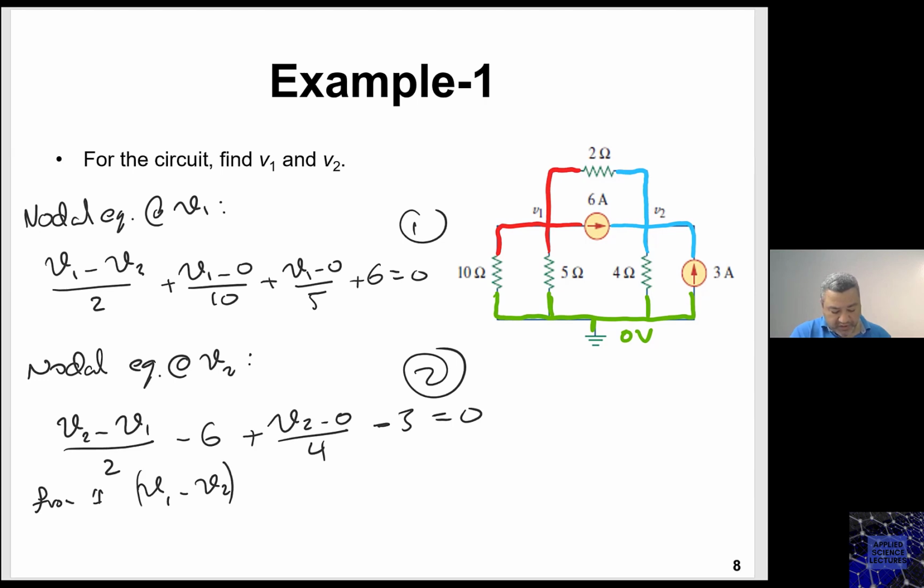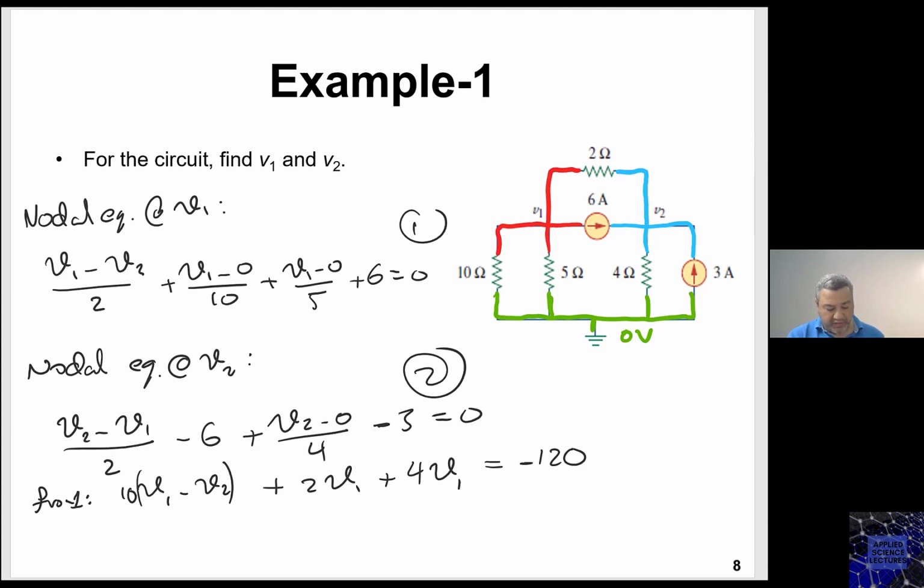So this becomes 10(V1 minus V2) plus 2V1 plus 4V1 equals 2 minus 6 minus 120.